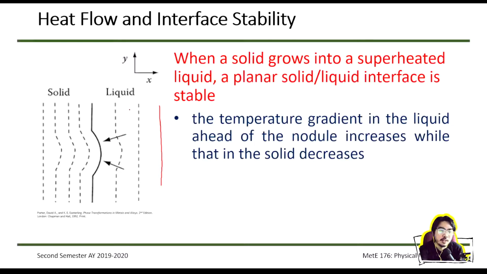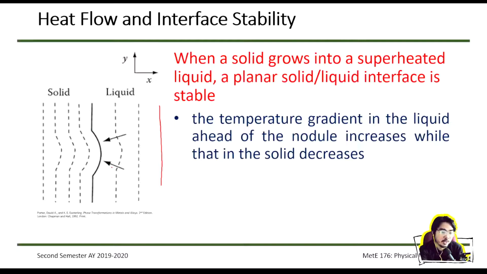So since this is a superheated liquid, this liquid here is hotter than the solid, and therefore papasok yung heat flow natin, no? So that is how the temperature gradient looks like. And when you have a heat flow going to this direction, ang mangyayari dyan is dahil yung heat ay papasok dyan, itong protrusion na to will eventually redissolve, no?